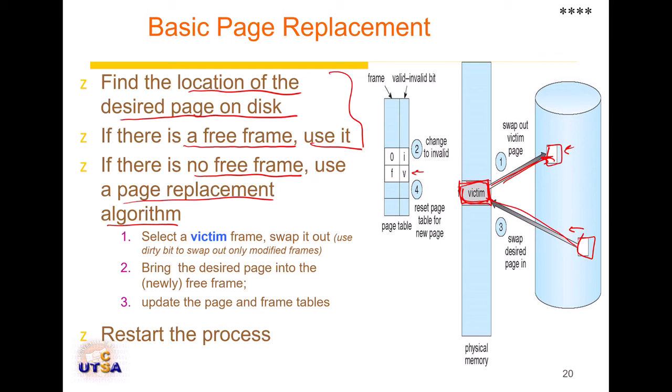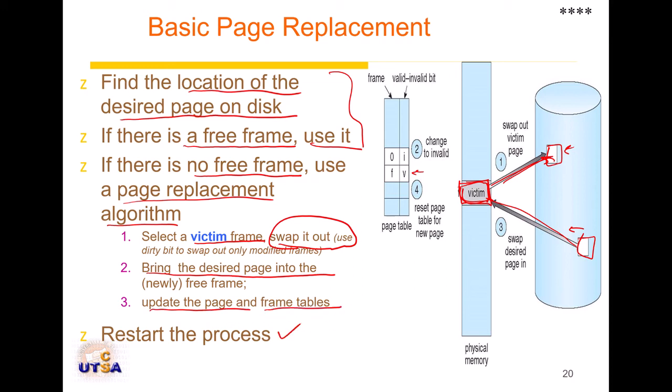Okay, so anyway, for the page replacement algorithm, the bottom line is we will discuss different algorithms. We will select the victim frame and then swap it out, meaning write that one back on the disk, and then we will bring the new desired page into the physical memory, update the page table and the frame tables basically, and then we will restart the process.